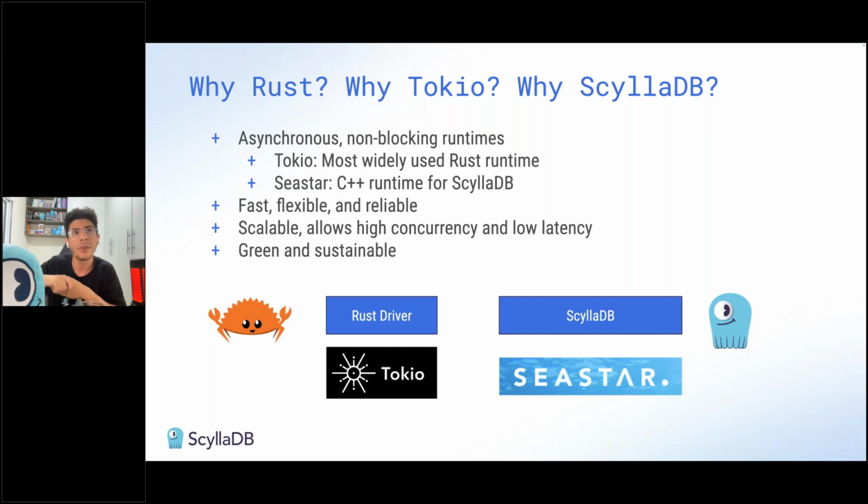One of the reasons for that is primarily due to its high performance and efficient use of system resources. Rust makes it really easier for developers to build highly concurrent asynchronous applications with a special focus on memory safety, which is really the dream of most software engineers out there.